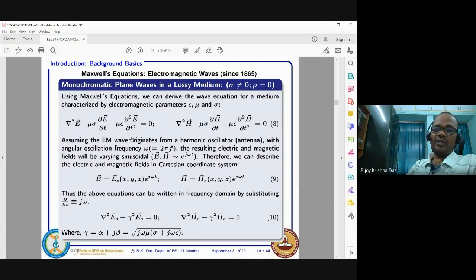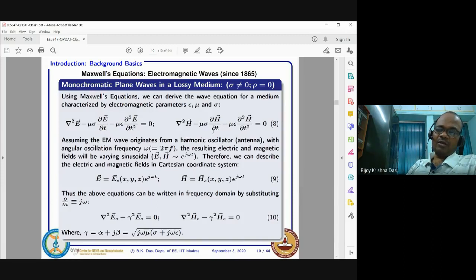Even though you can independently try to find solutions, you need the help of the original curl equation to find their relationship. Otherwise you cannot solve for the constants, because there is no boundary condition available here. This is for an unbounded medium. So you need the original curl equation to relate electric field and magnetic field.